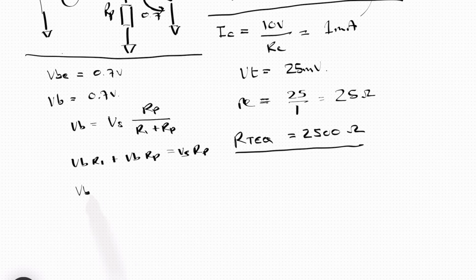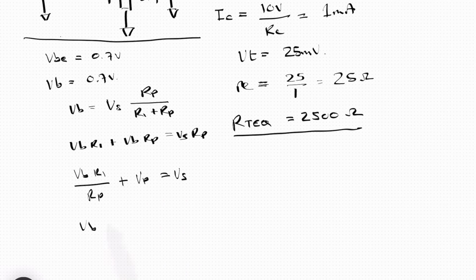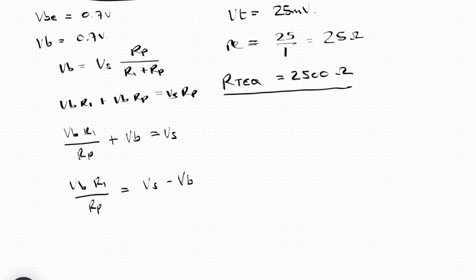Rearranging, we get VB R1 equals RP times VS minus VB. Now if we divide both sides by VB R1, we get 1 over RP equals VS minus VB divided by VB R1.